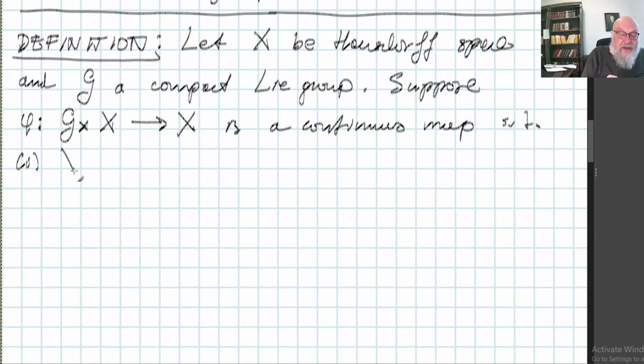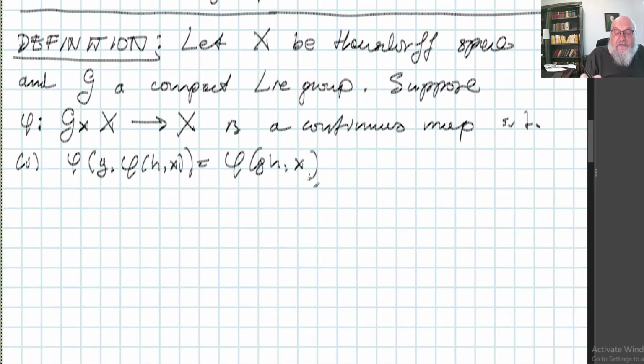Let me write it down: phi of g, with phi of h of x, is the same as phi of gh of x. This is for every g and h belonging to G and every x belonging to X.